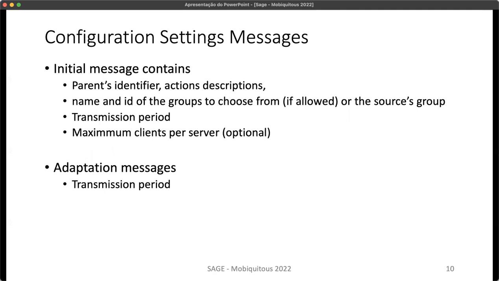It also has a transmission period, which indicates what's the data rate the application is expecting. We can also define the maximum clients per server for load balancing purposes, but this is optional. When the system is running, adaptation messages will inform the nodes of changes in the transmission period, so in the data rate.